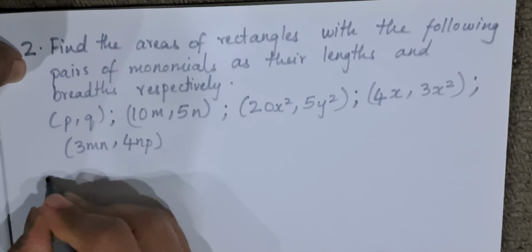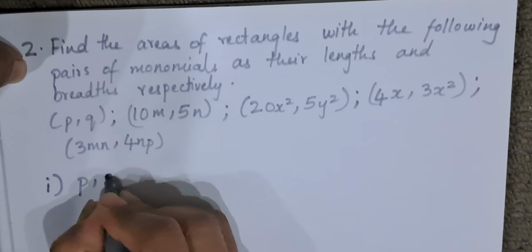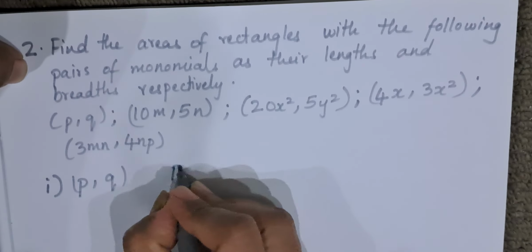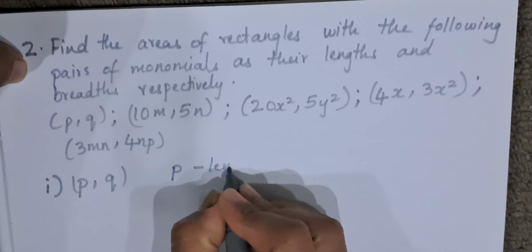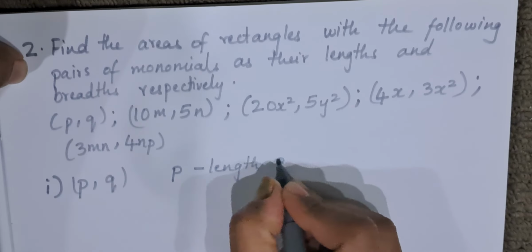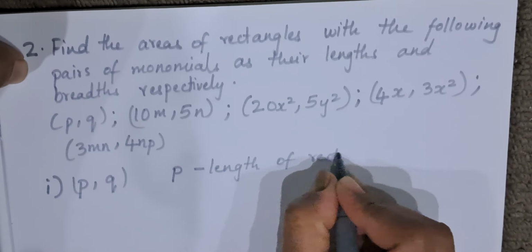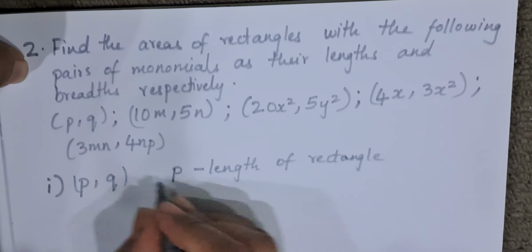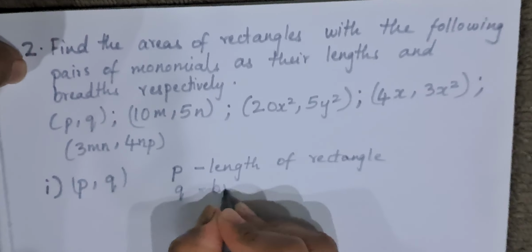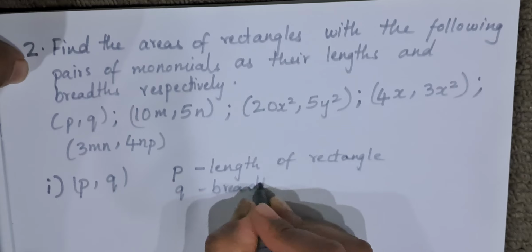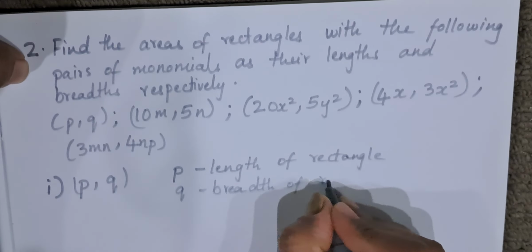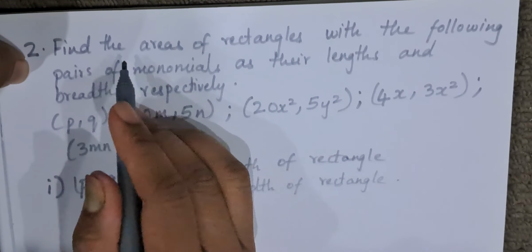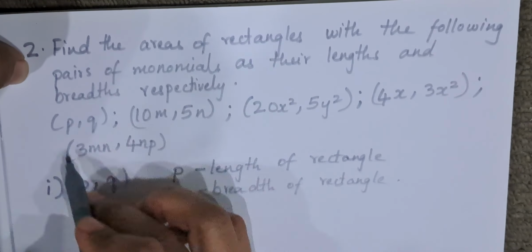So let us begin with the first one. If we take P and Q, if we take P as the length of the rectangle, that is what they are telling us to do. We have to take the first one as the length of the rectangle, and the second one, Q, will be the breadth of the rectangle.